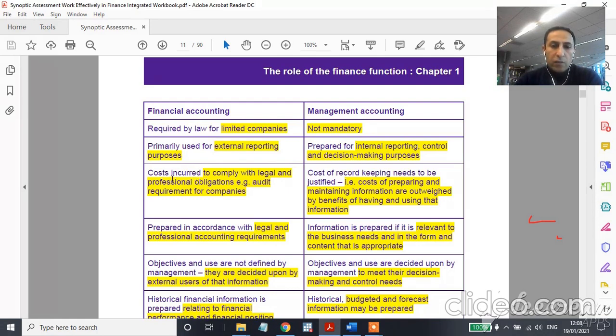Financial accounting needs to comply with legal and professional obligations, such as the auditing requirement for companies.